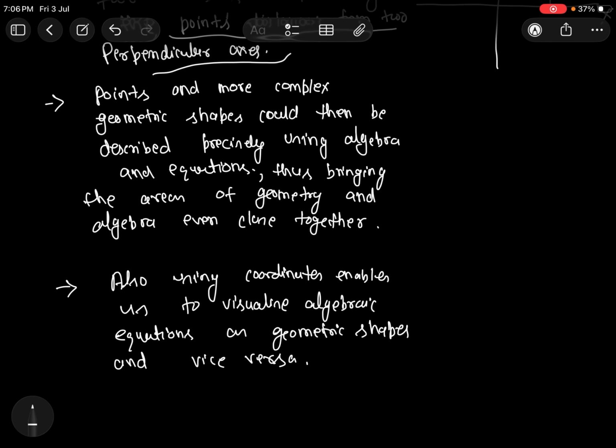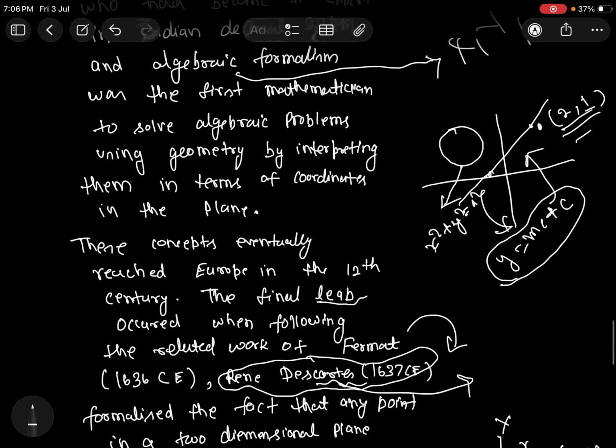Points and more complex geometries could then be described precisely using algebra and equations, thus bringing the areas of geometry and algebra together. What we have discussed is something written here: by the use of an algebraic equation, we can represent the same as a geometrical shape by the use of the coordinate system, and vice versa.